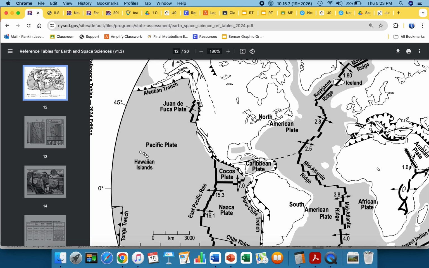And this Juan de Fuca plate is very important, especially with some natural disasters that can occur by the northwestern section of the United States. States like Washington State, Oregon, and maybe Northern California, big concerns. And a lot of California here too.